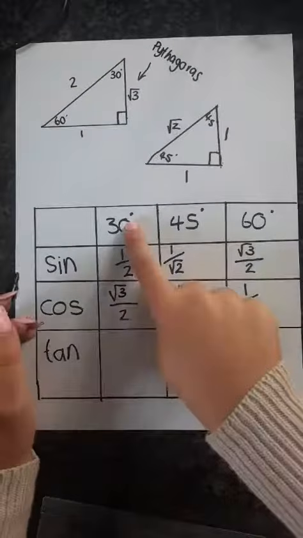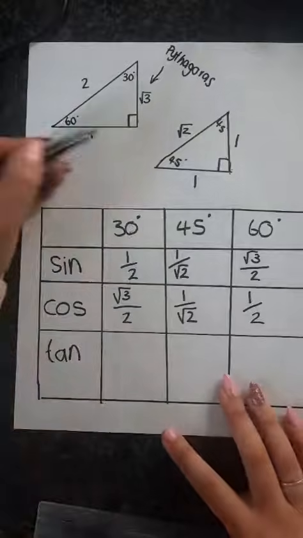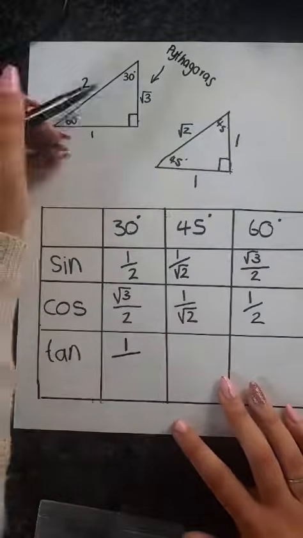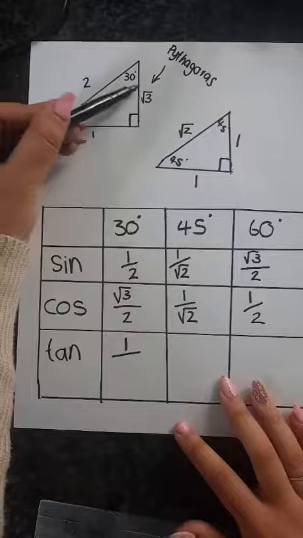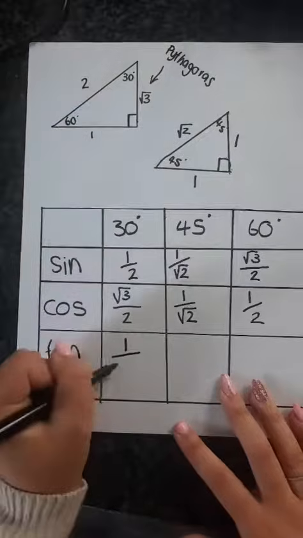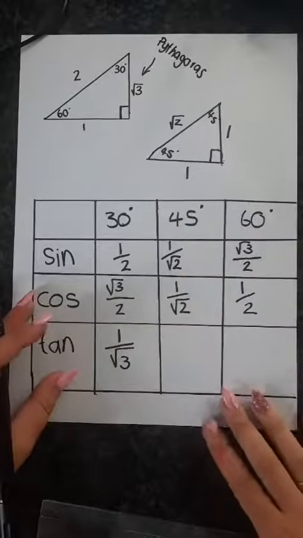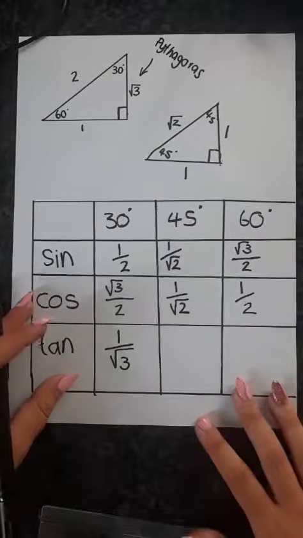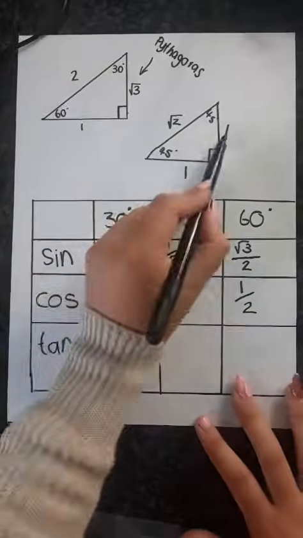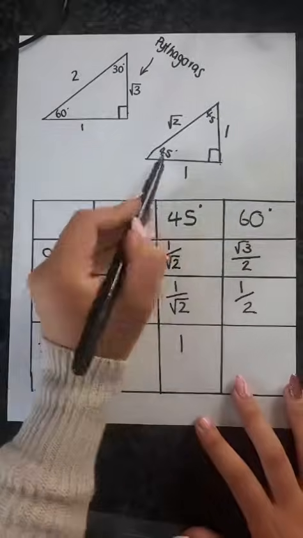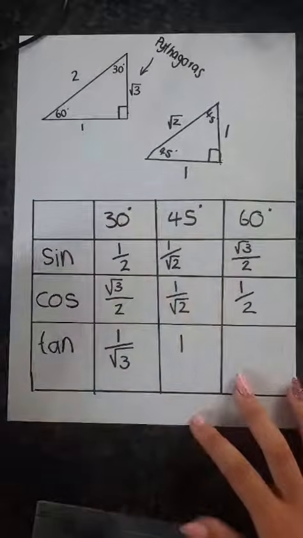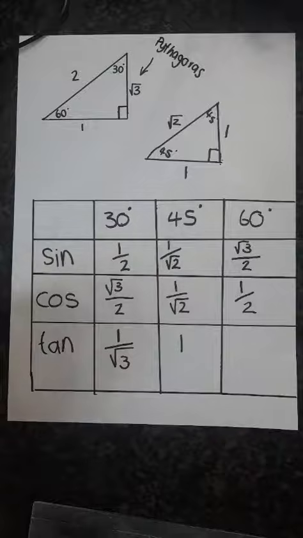Okay, let's just do tan. Tan 30, tan is opposite, which is 1, over adjacent. What's adjacent to 30? Square root 3. Okay, tan 45. This is a nice one. I love tan 45. Opposite is 1, and adjacent is 1. So 1 over 1. What's 1 over 1? 1 over 1 is 1.